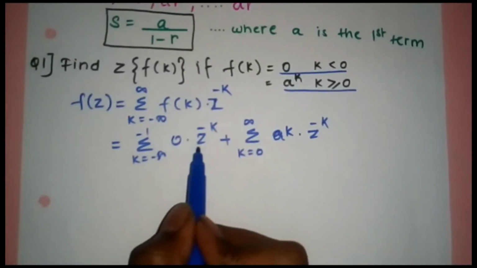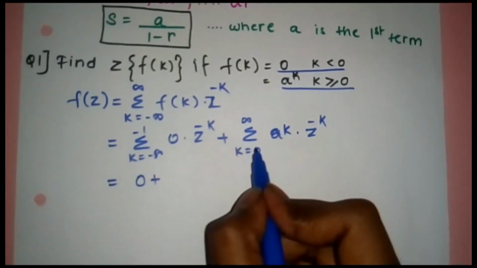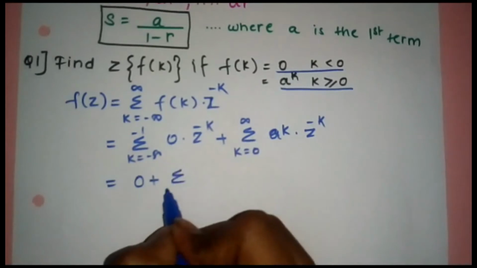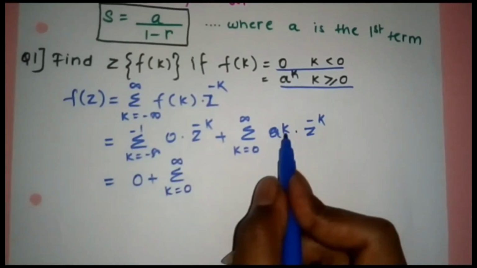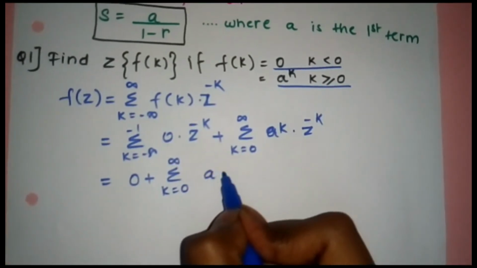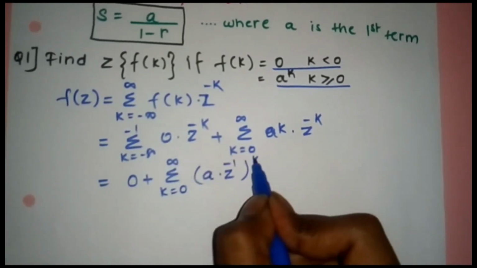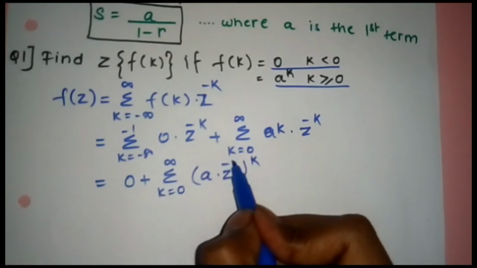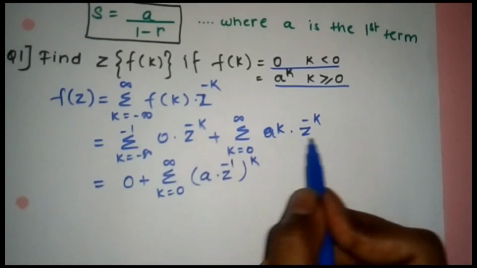0 into anything will become 0, so this entire term will become 0. Plus, summation of k is equal to 0 to infinity. We have a raised to k and z raised to minus k over here, so we can take k outside: a into z raised to minus 1, and k we have taken outside. This minus we have just kept over here. If we multiply k inside, again it will be the same answer.